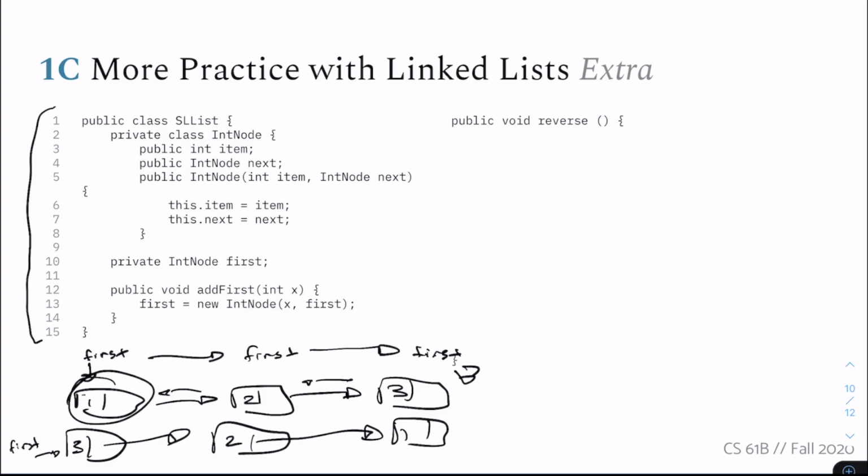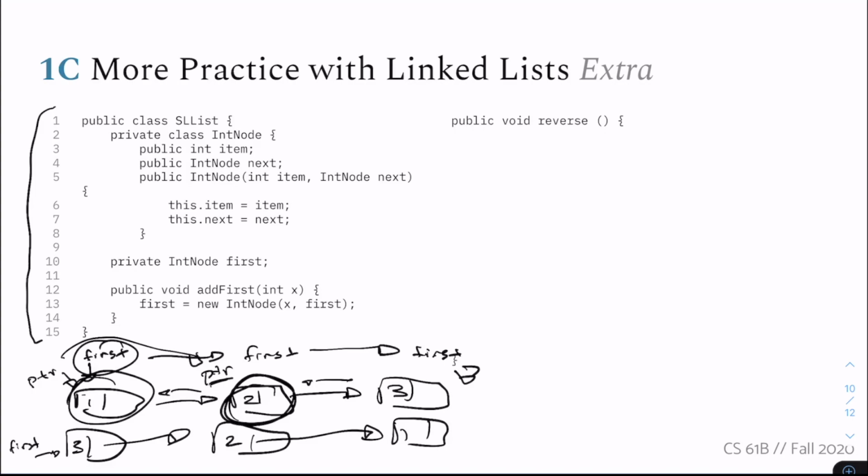But we can't change the pointer that's contained within this node without having a pointer pointing to it as well. So we'll create a second pointer, we can call it PTR, that points to the same element as first, and we can have it jump ahead of first. And now we can keep setting PTR.next to be equal to first.